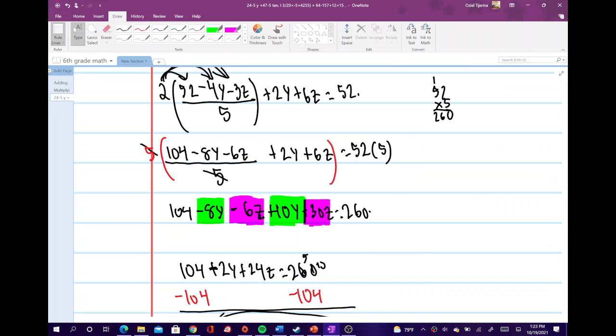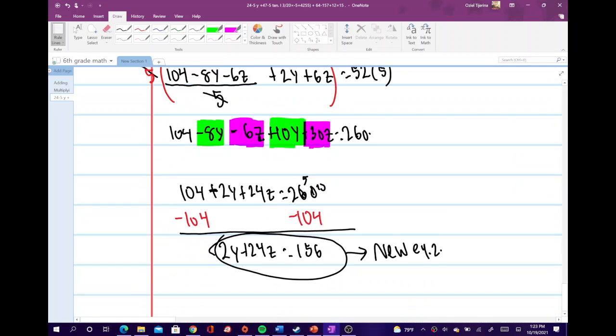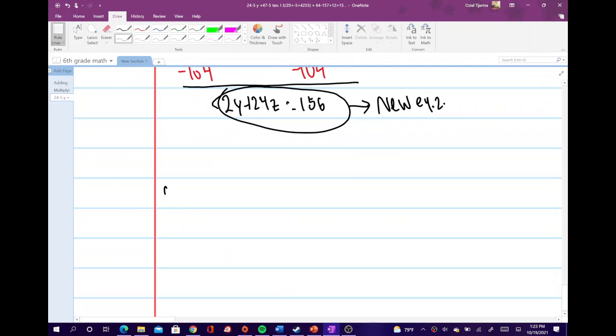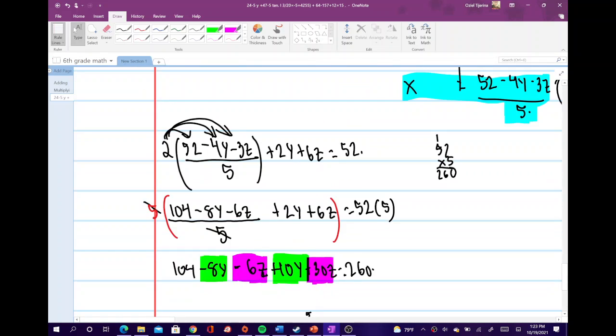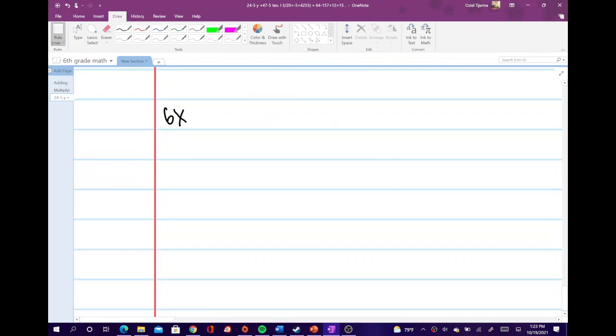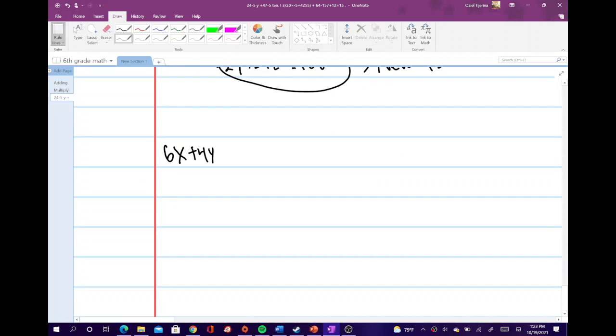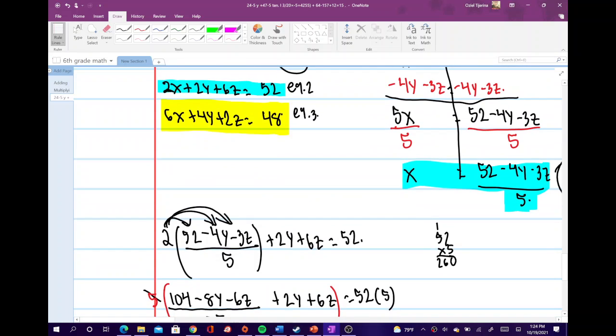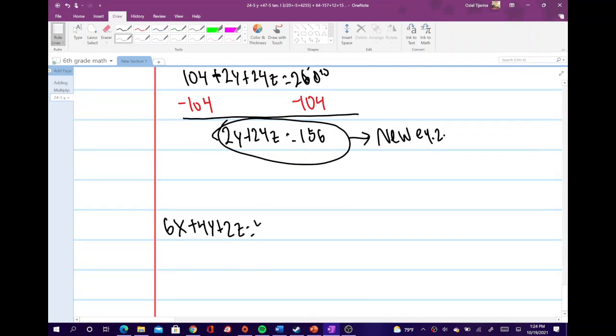We're going to plug in for x, right? We have 6x plus 4y plus 2z equals 48, right? We're going to plug in x again.